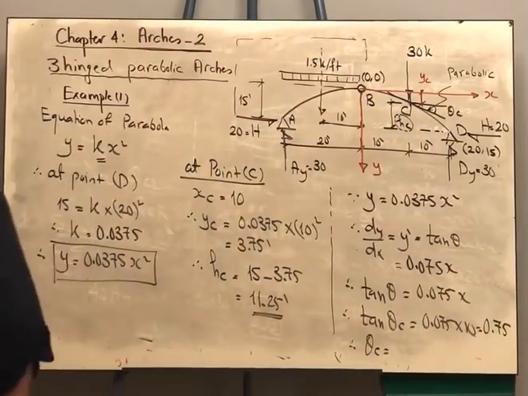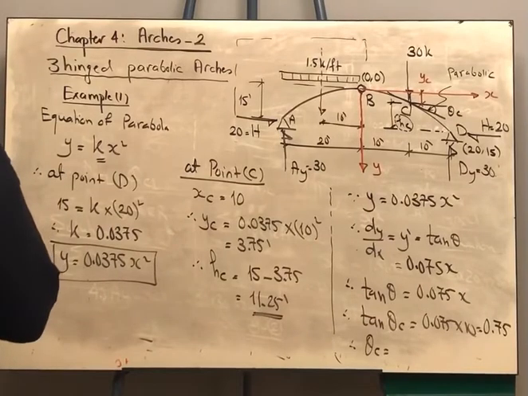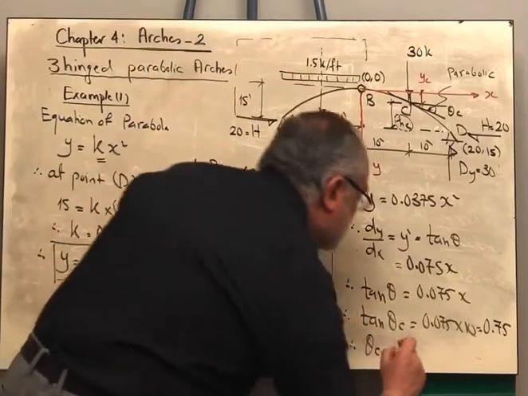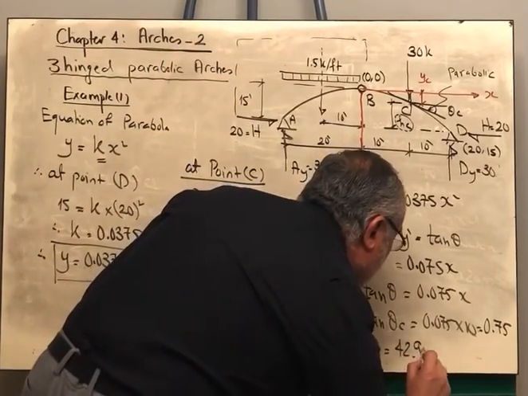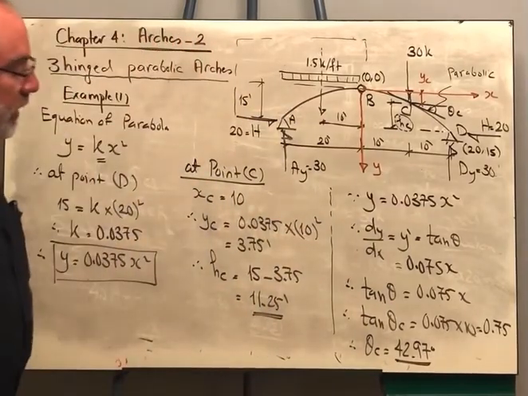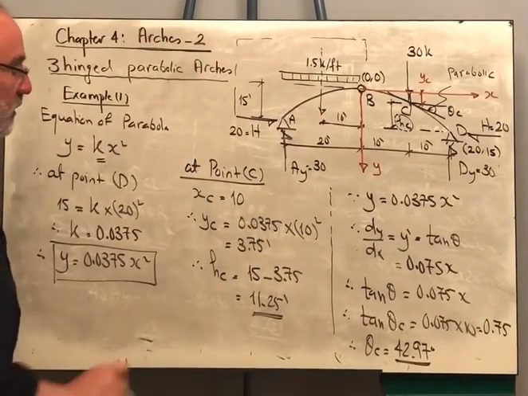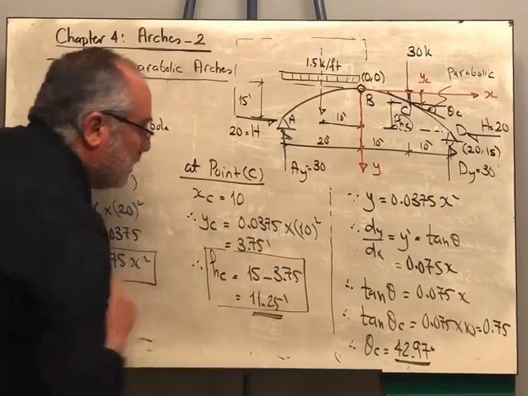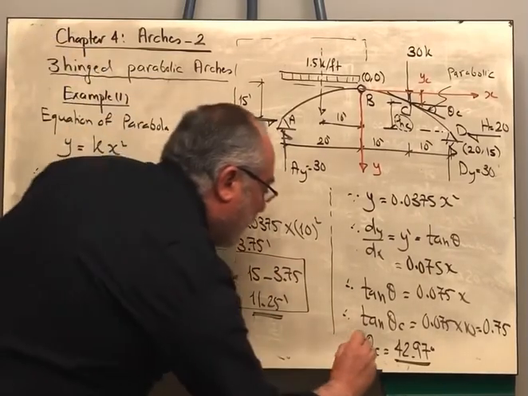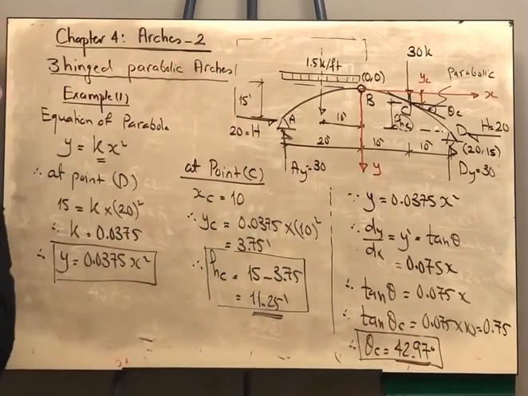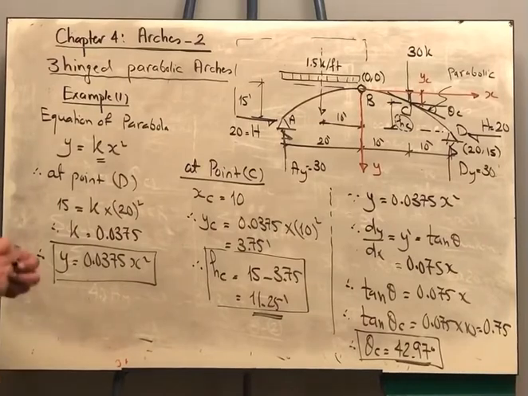From there we get theta is equal to 42.97 degrees. Therefore, we know the rise at point C is 11.25, and we know the angle between the tangent to the arch and the horizontal. Now let us answer the problem.